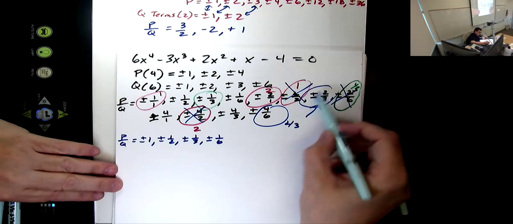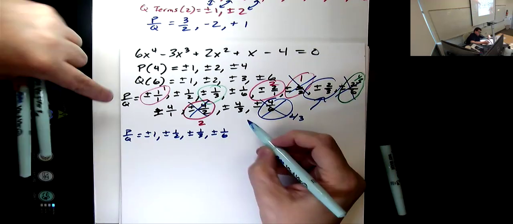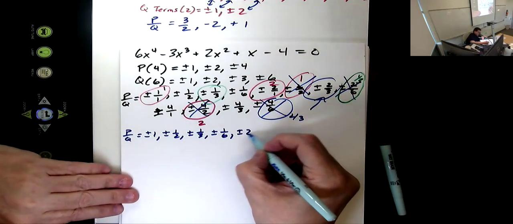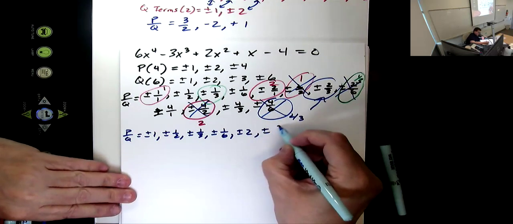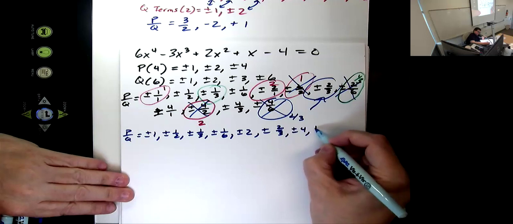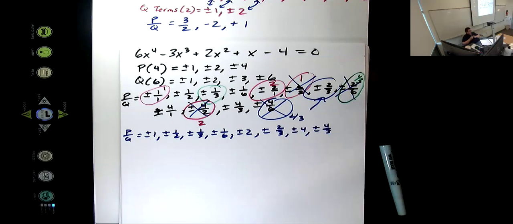And 2/3 is here, I'll cross that one out. So I got 1, 1/2, 1/3, 1/6, plus or minus 2, plus or minus 2/3, plus or minus 4, plus or minus 4/3, and that's it. Smaller list than we had a second ago.